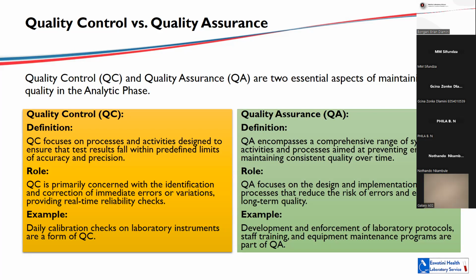According to this definition, it encompasses a comprehensive range of systematic activities and processes aimed at preventing errors we don't want to happen and maintaining consistent quality over time. Its role focuses on the design and implementation of processes that reduce the risk of errors and ensure long-term quality. For example, development and enforcement of laboratory protocols, staff training, and equipment maintenance programs are part of quality assurance.